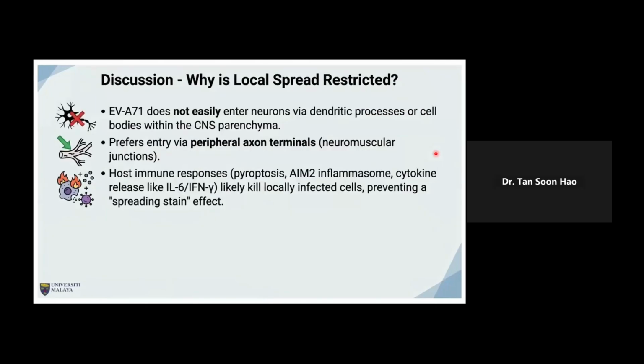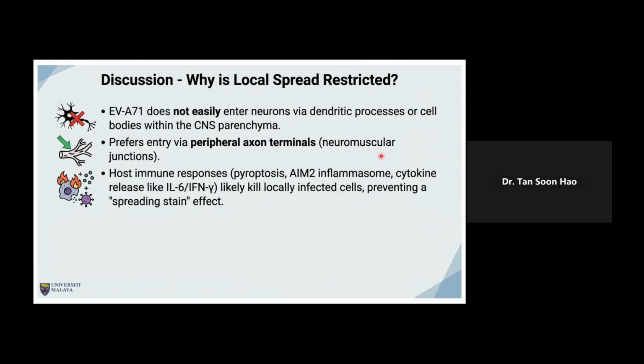So why is the local spread restricted? Why did the virus not replicate in the CNS although we injected it directly into the brain itself? We believe that EV-71 has difficulties entering the neurons through the dendritic processes of the cell body. It prefers entry via the peripheral axonal terminals, the neuromuscular junctions.